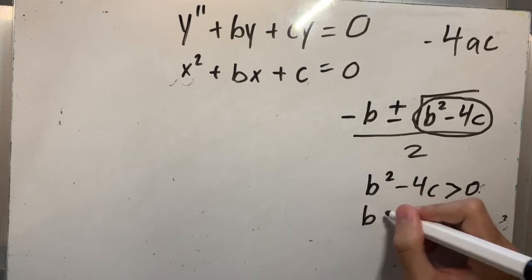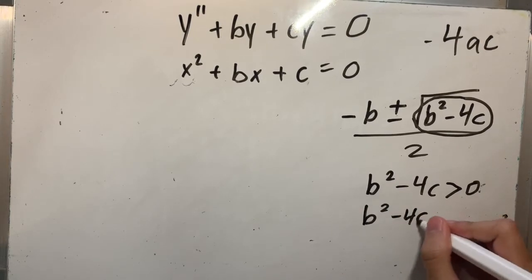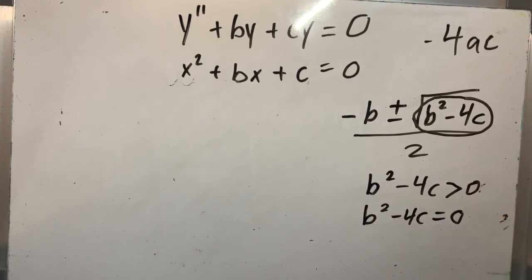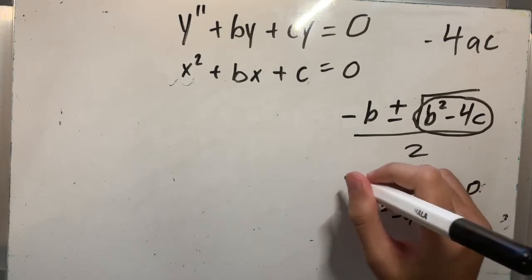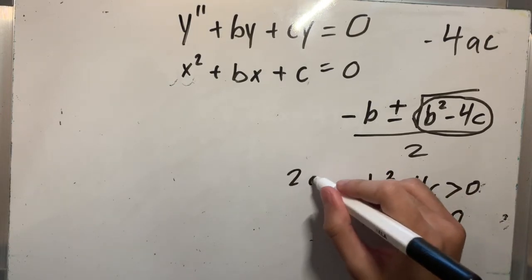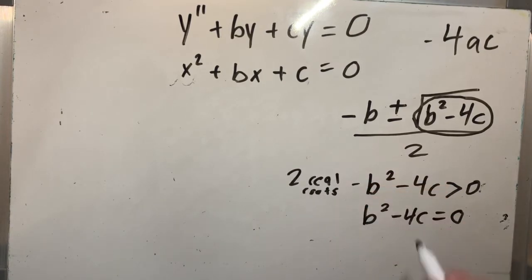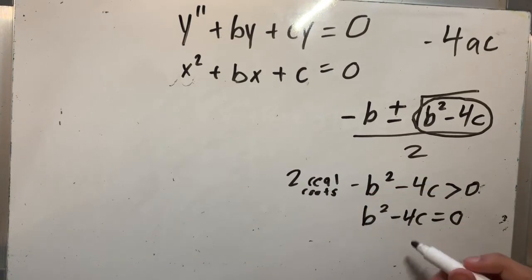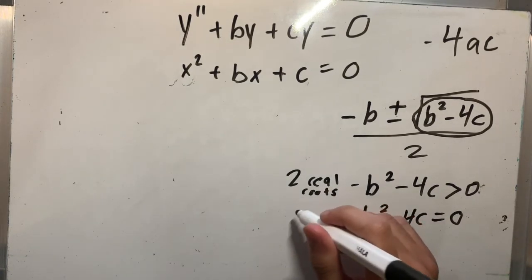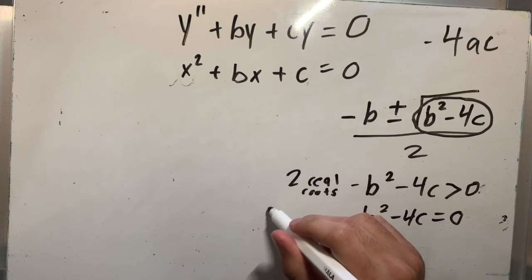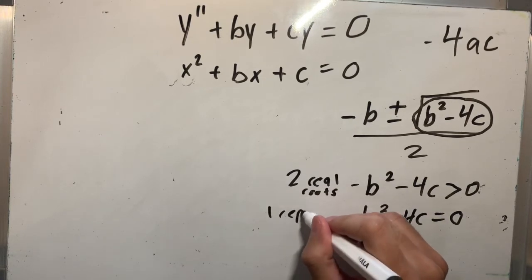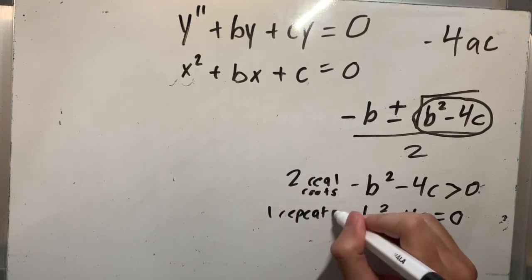If b squared minus 4c is equal to 0, then there is 1 repeated real root.